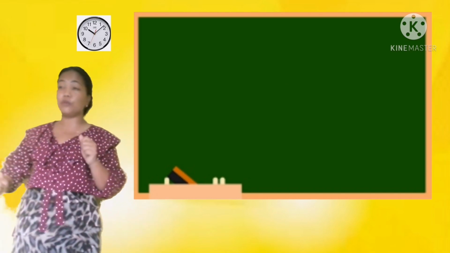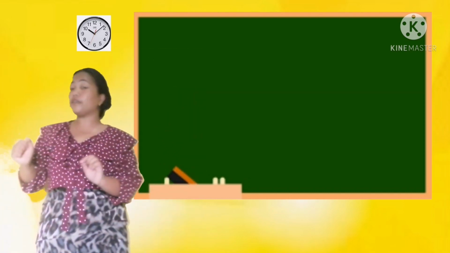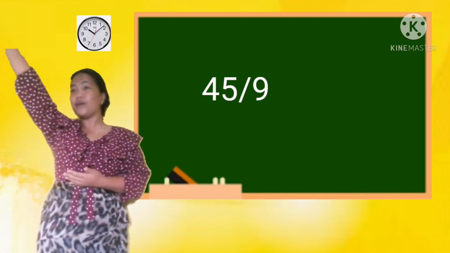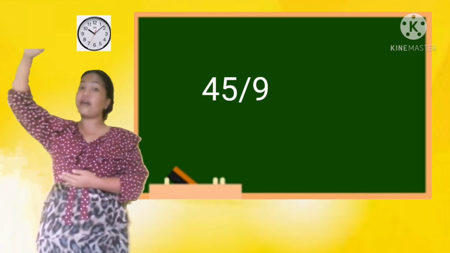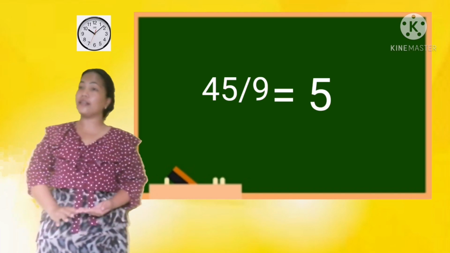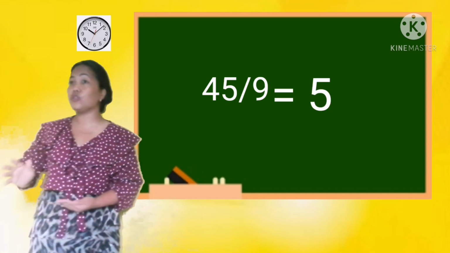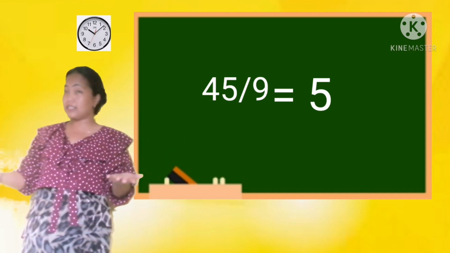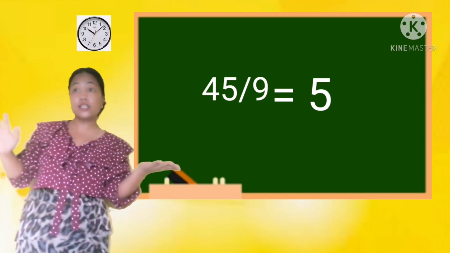You want another example for division? Okay, so if I say 45 divided by 9. Who got the answer? Yes, that's 5. Why? Because 45 and 9 have like signs, positive signs. So the answer is positive.